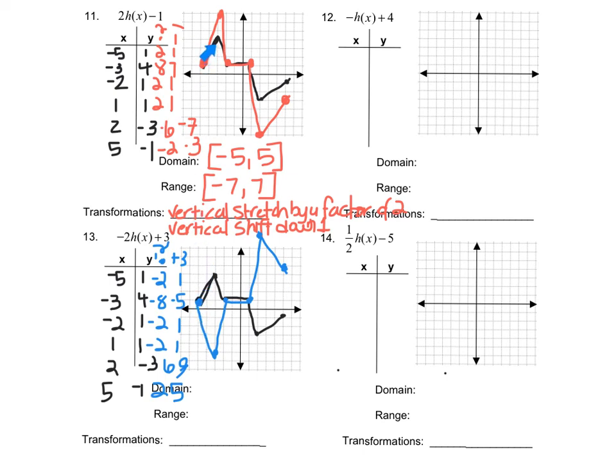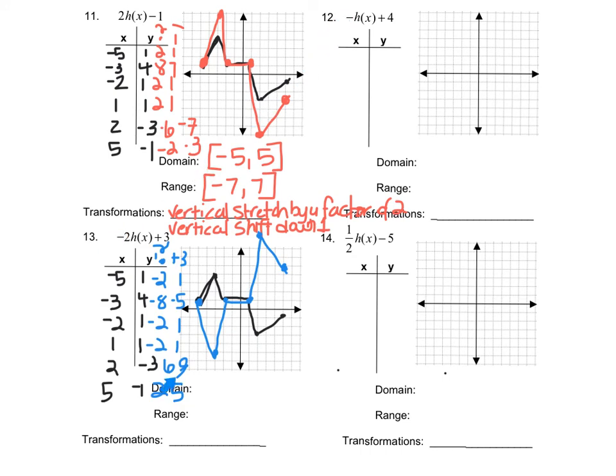Up here, these mountains go the same direction. These both point up, these both point down. This mountain's up, this mountain's down. This mountain's down, this mountain's up. What made it reflect over the y-axis? Well, that would be the negative. If you have a negative a, it's going to create a reflection over the y-axis.